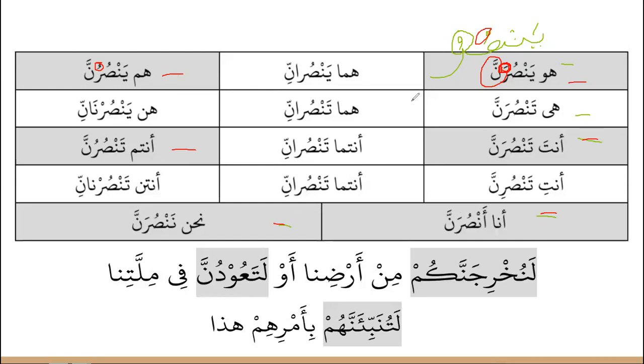The white ones you don't have to worry about, they don't occur that frequently. See, if the last letter before noon is a dhamma, then it means the plural one, whom and antum. If it is a fatha, then it means the singular one, huwa, anta, ana, and nahnu. Okay, those are the original ones.